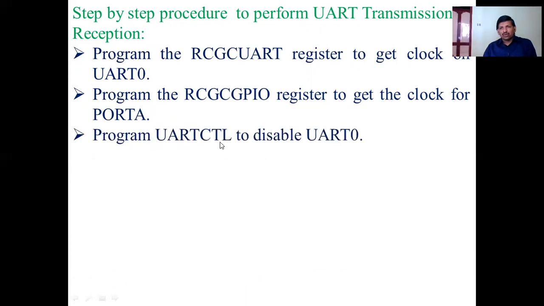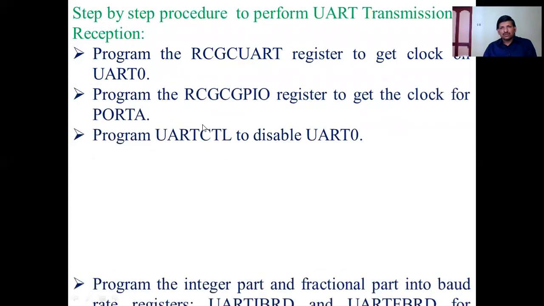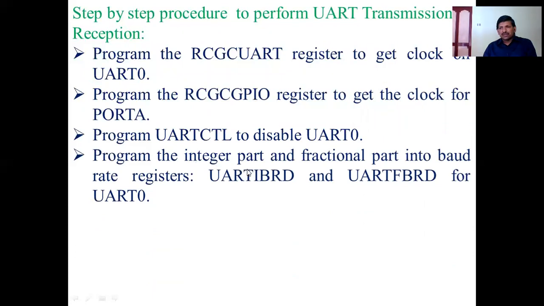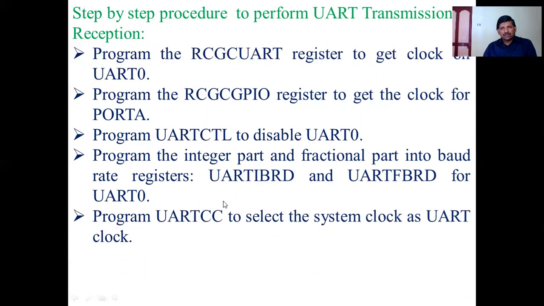Next, enable the UART. Next, we can set the baud rate by using the integer baud rate and fractional baud rate generators for UART 0. Next, we need to select the clock: program the UART clock to select the system clock as the UART clock.